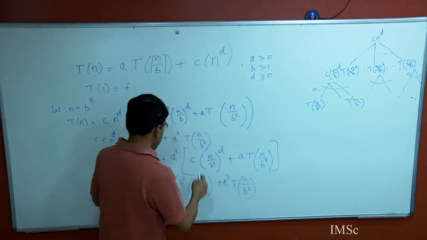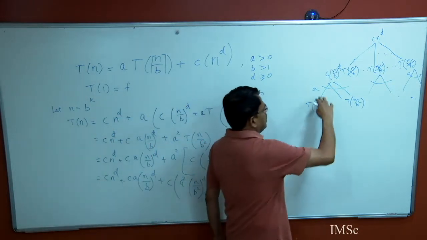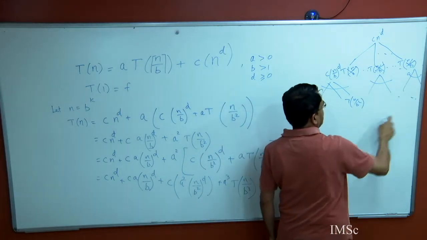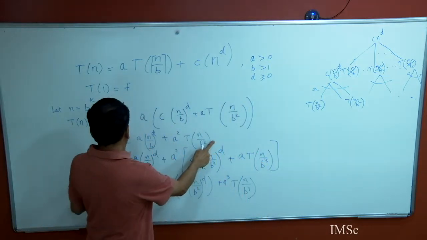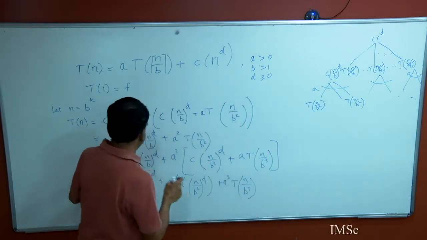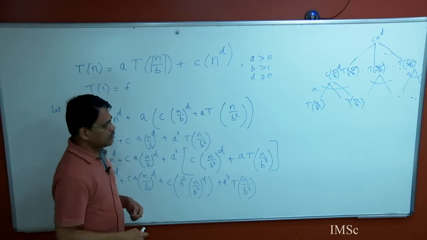Because you have A square times T of n over b square, because A into T of n over b square, and there are A square times T of n over b square, so that will be this, and you have the C n power d here, and then there is a C n by b whole power d, A times.